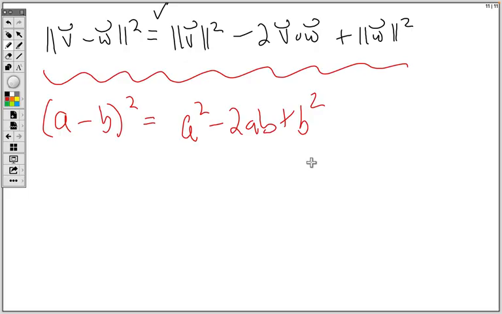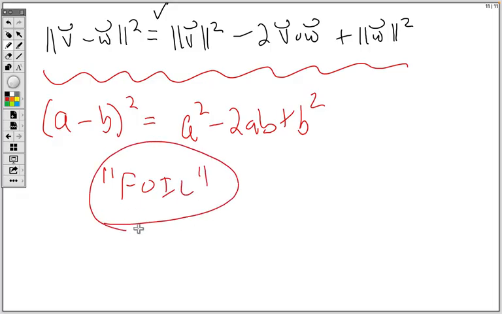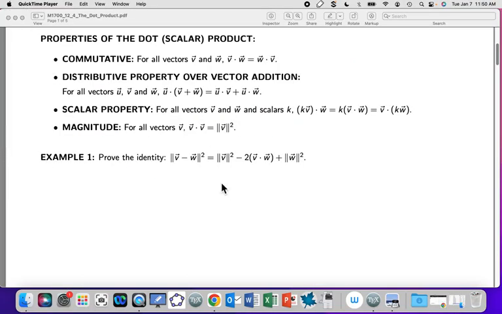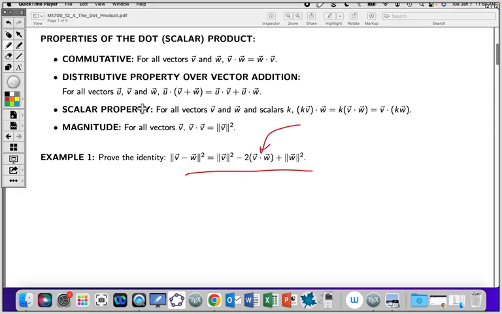Okay? Now I know you've got your foiling, right? But foiling is just sort of a shortcut. It's a shortcut way to talk about the distributive property and the commutative property and all that other good stuff. Okay? So there it is. All right, so this identity is going to be key in helping us understand what the dot product is trying to tell us.